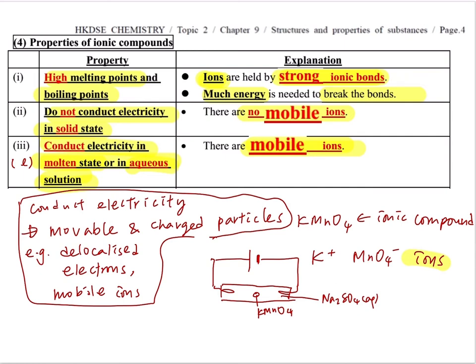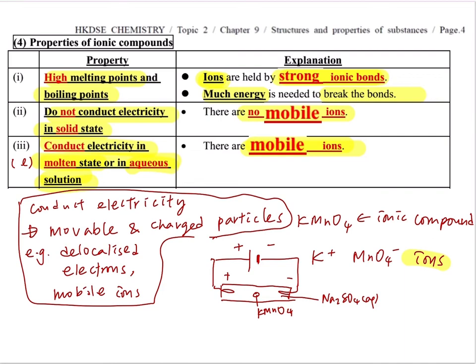AQ means aqueous solution. 呢個代表 solution 咁解，括號 AQ 代表 solution. So for this, remember after some time there is a purple patch moved to one side. This explains why, because this is positive and this is negative. For the sign connected to the positive terminal, it is positive, and this sign is negative because it is connected to the negative.